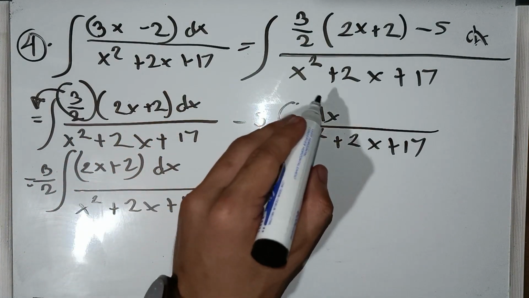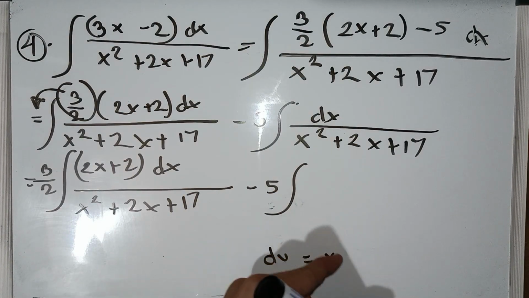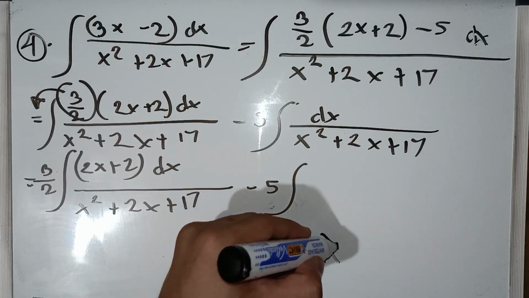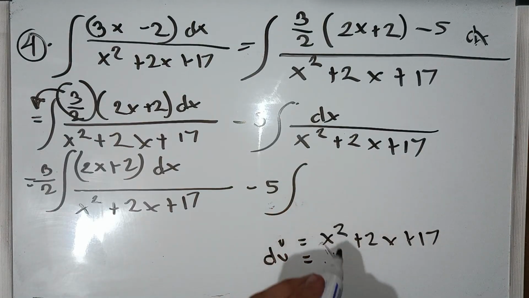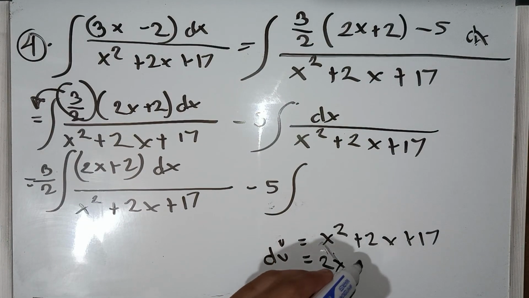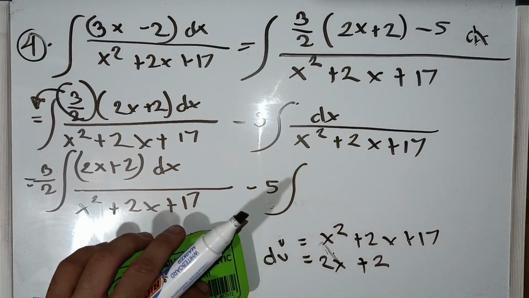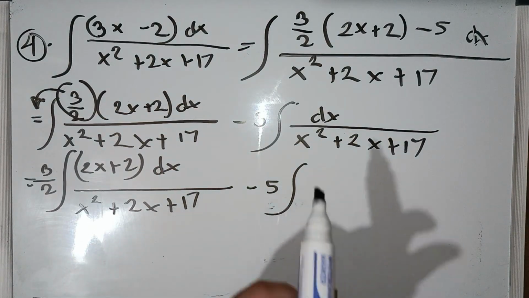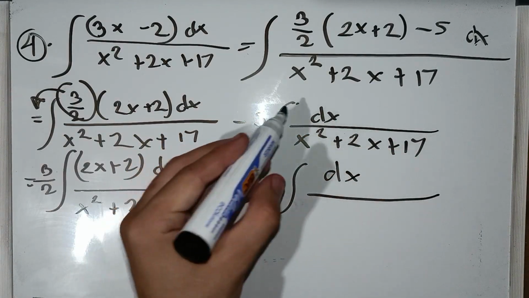Since we can integrate this, let's try the derivative of our denominator. So u is equal to x squared plus 2x plus 17. The derivative of this is 2x plus 2, which has an x, so it can't be used for the second integral. So let's transform our denominator so that it has only a single degree of x.